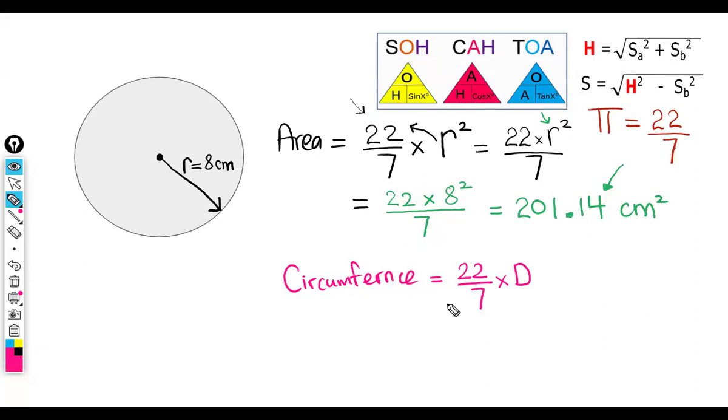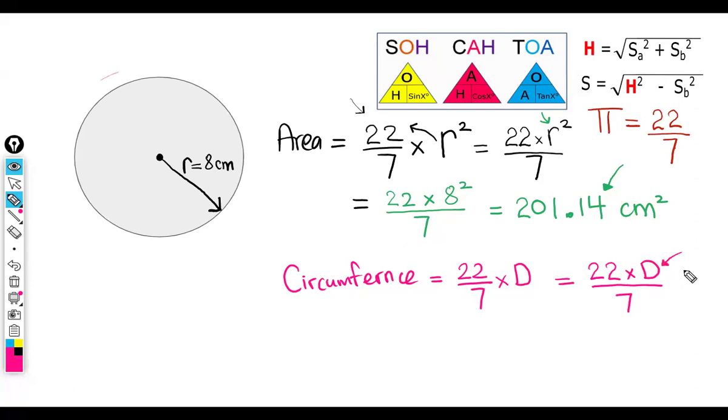Let's find the circumference. Circumference is the distance around the circle. You see how this D is in the middle? Don't work with that. Rewrite it so the D is on top with the 22. Now, quick question. I think a few people got this wrong. How much is the diameter?